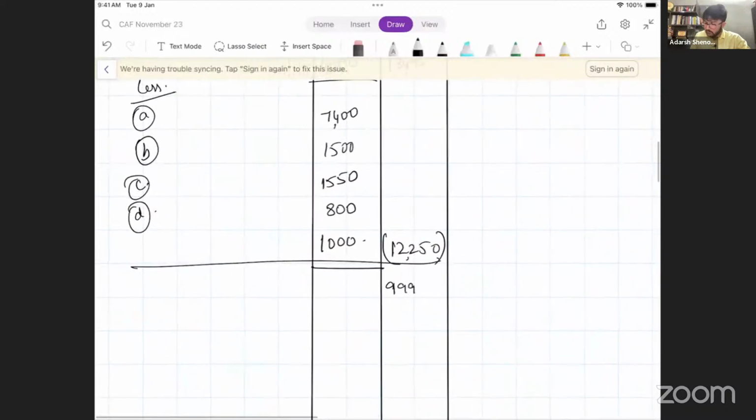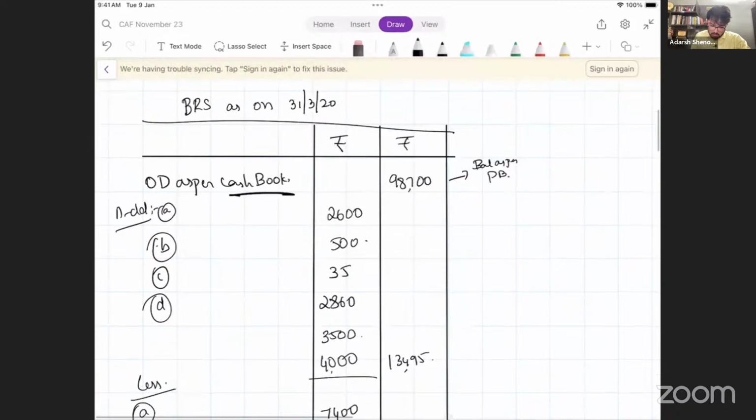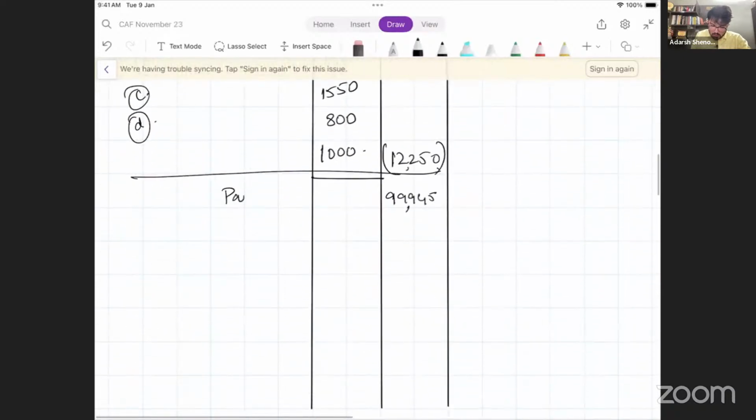$99,945. So we started with what balance? 99,945, right? Okay, we started with overdraft as per cash book. So it will be passbook overdraft. OD as per passbook. 995 or 945?